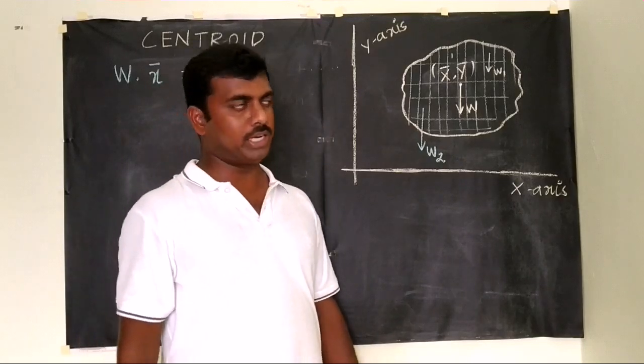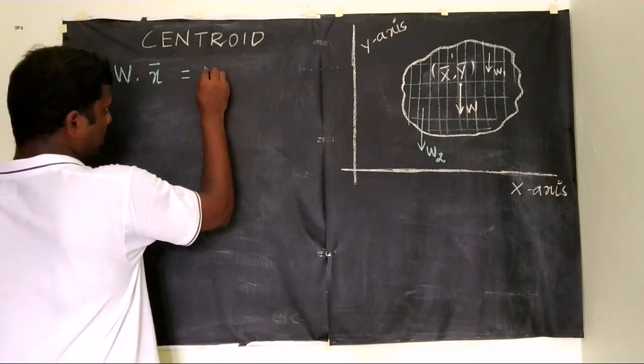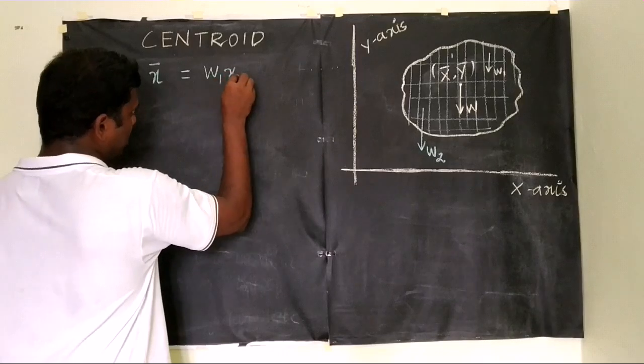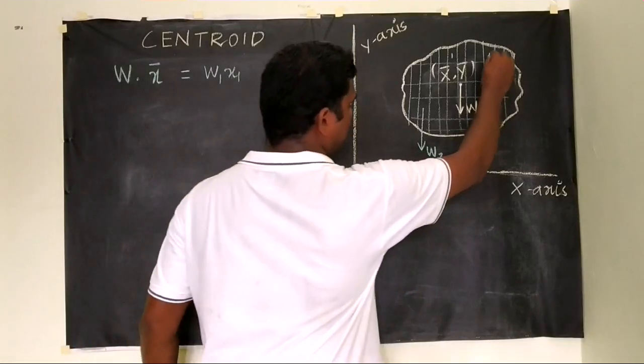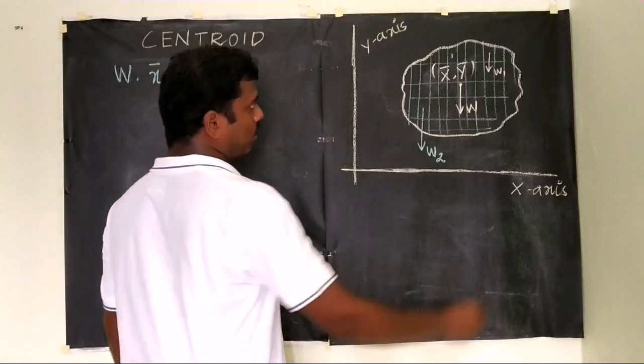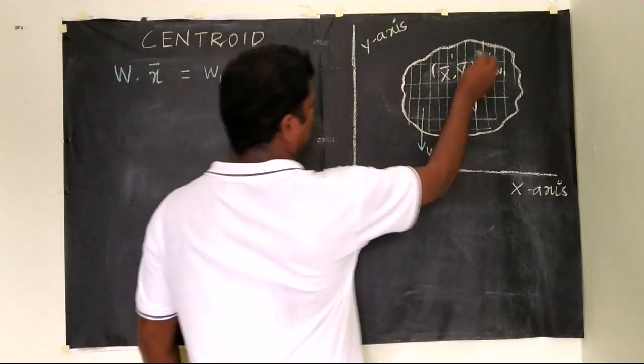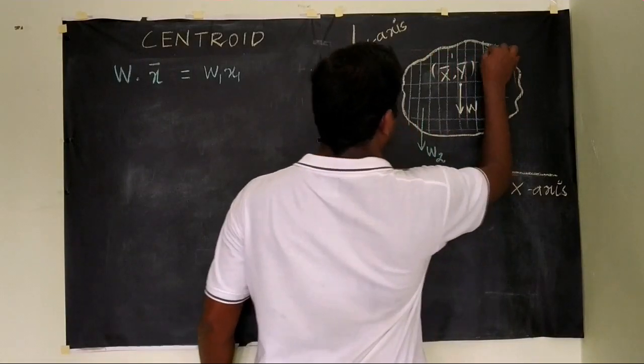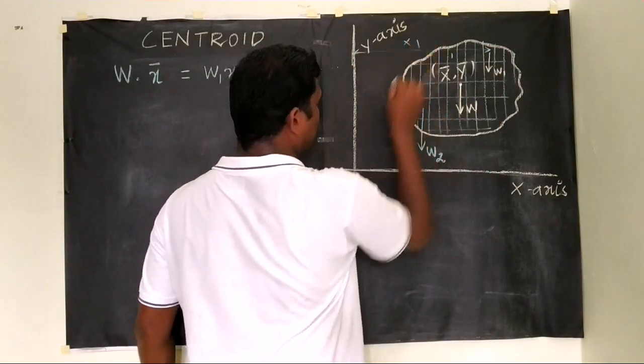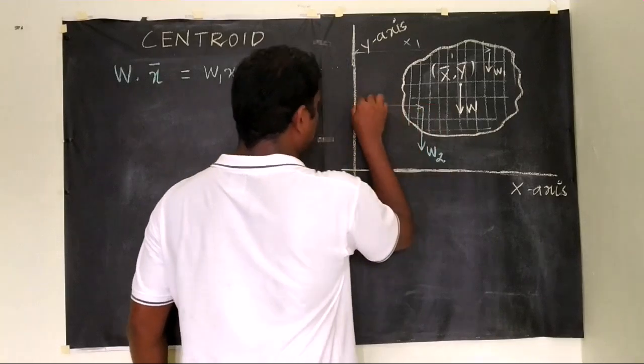That is W1 into X1. This is a small elementary part, force into distance, and this length is X1. Then this length is X2.